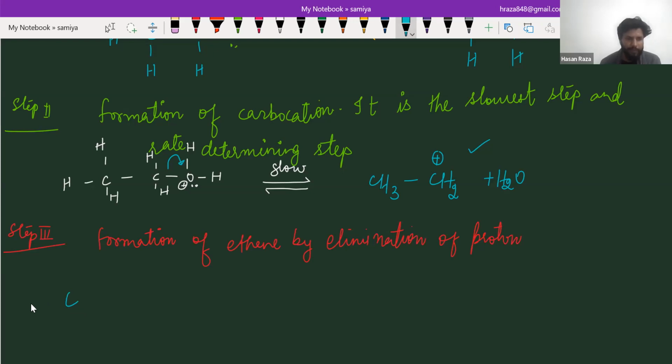You can see this hydrogen, CH3 it was, and this will be basically CH2, and there will be H, and there is a positive charge. Now this will also be a fast reaction. What happens? Carbon will take electrons from hydrogen, and hydrogen, H plus, that means proton, will be eliminated, and there will be formation of a double bond between carbon and carbon. So this is the mechanism of dehydration.